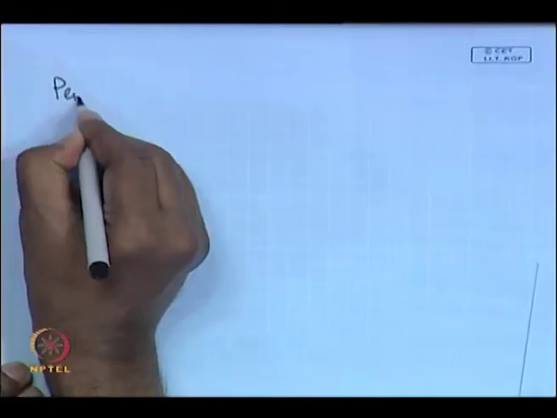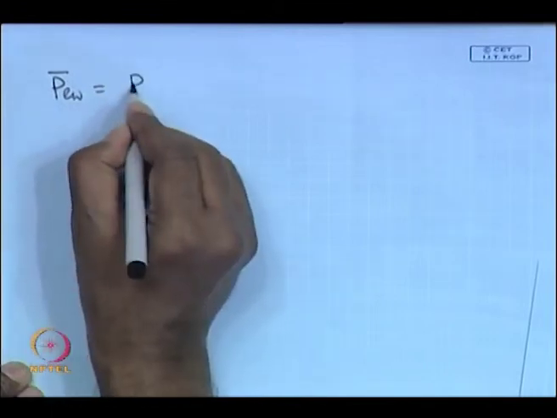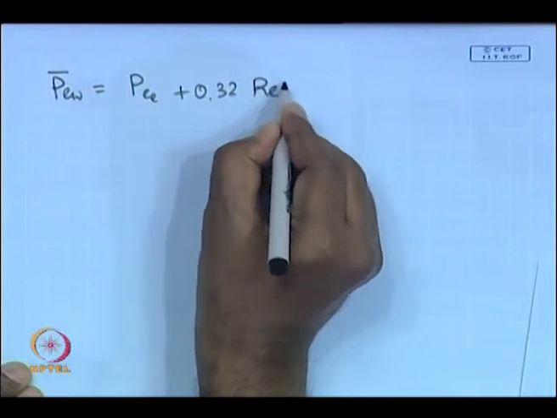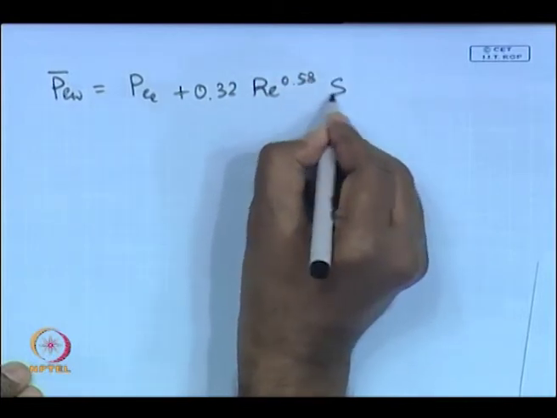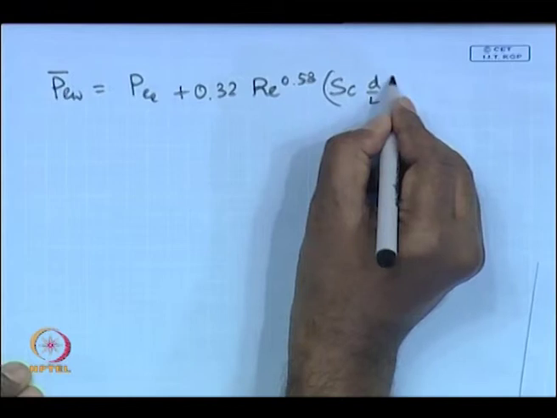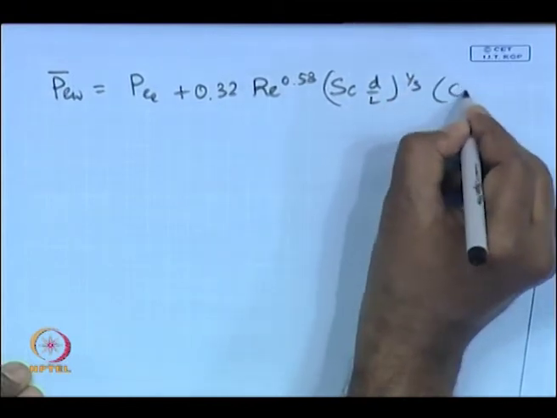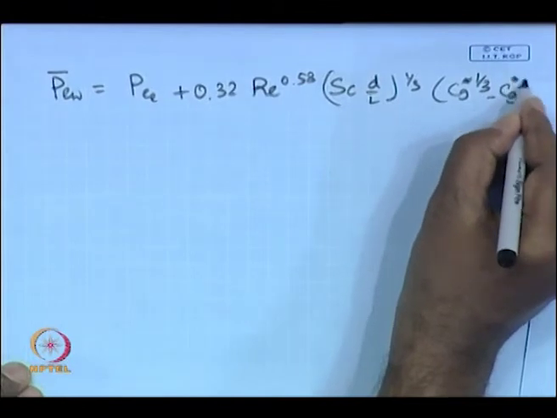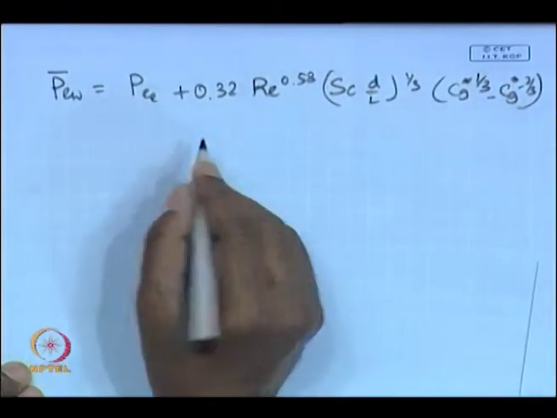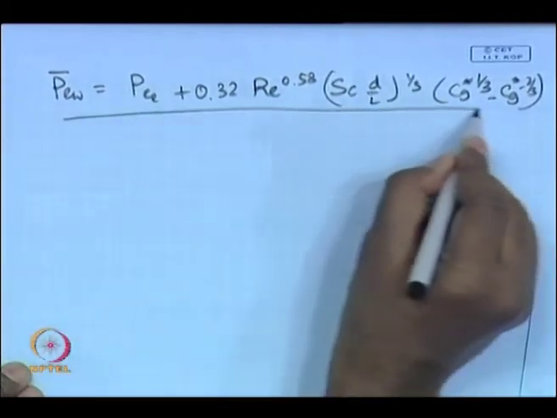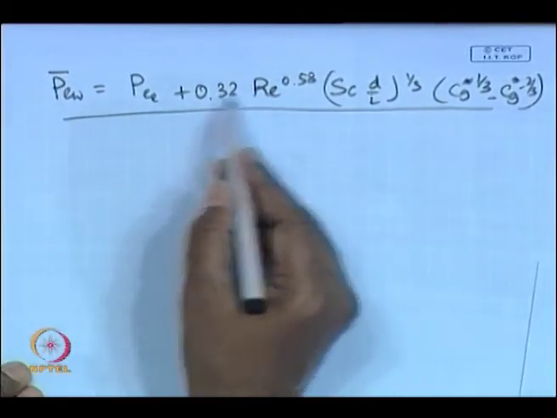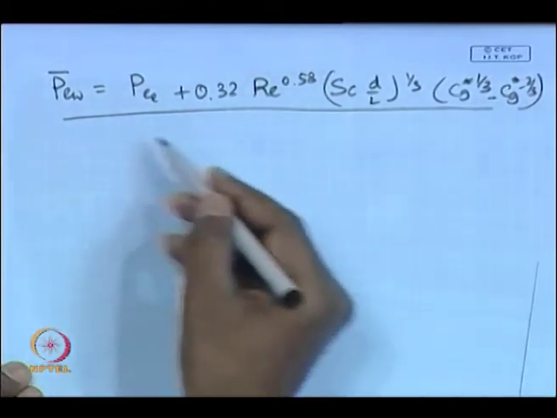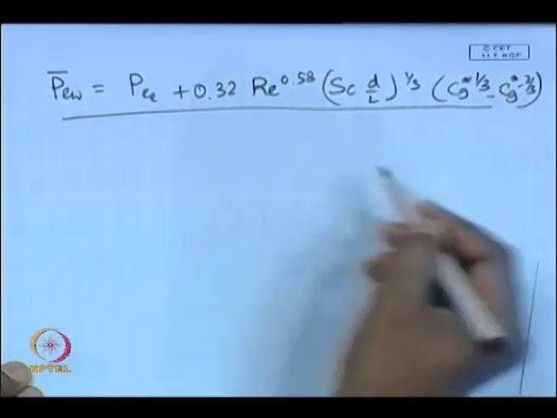The length average flux PEW bar becomes PEE plus 0.32 Reynolds raised to the power 0.58 Schmidt d by L raised to the power 1 upon 3, times (Cg star to the power 1 upon 3 minus Cg star to the power minus 2 by 3). Now, this is the expression that we really want. If you know the Reynolds number, the electric field, the non-dimensional electrophoretic velocity, and other properties, you can find the permeate flux, but this can be simplified further.